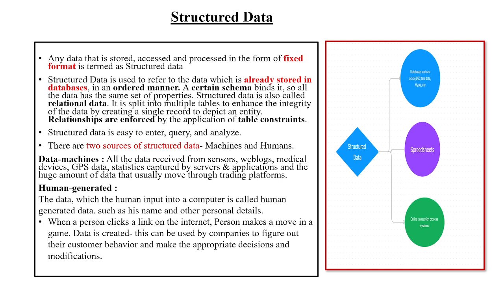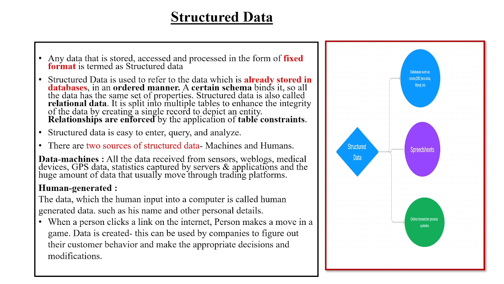The structured data is stored, accessed, and also processed in a fixed format. That means the data that we get from already stored contents, that is from the database, are ordered in a correct manner.